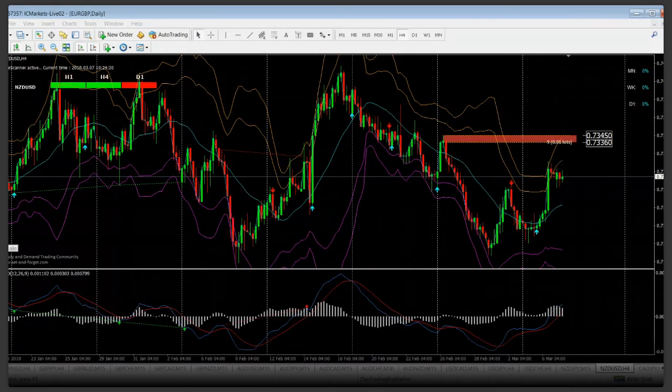So that was a buy signal on the Kiwi dollar at current price.